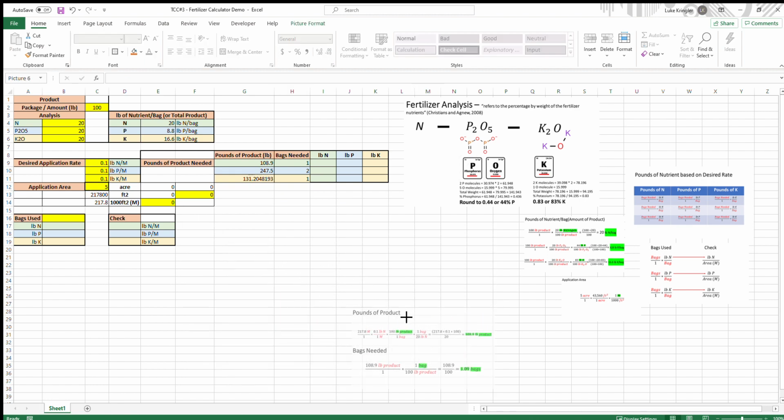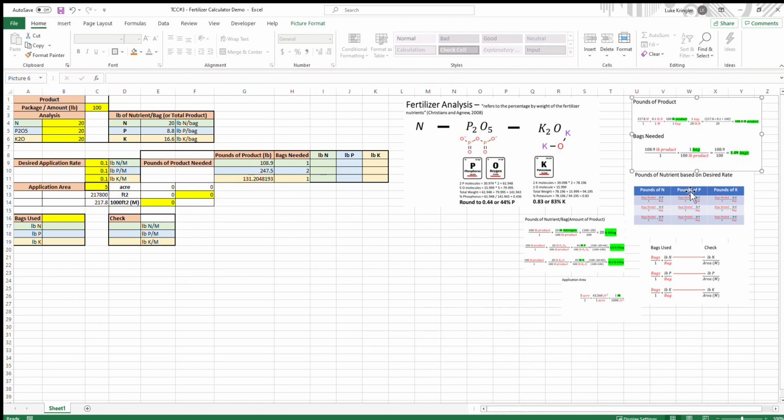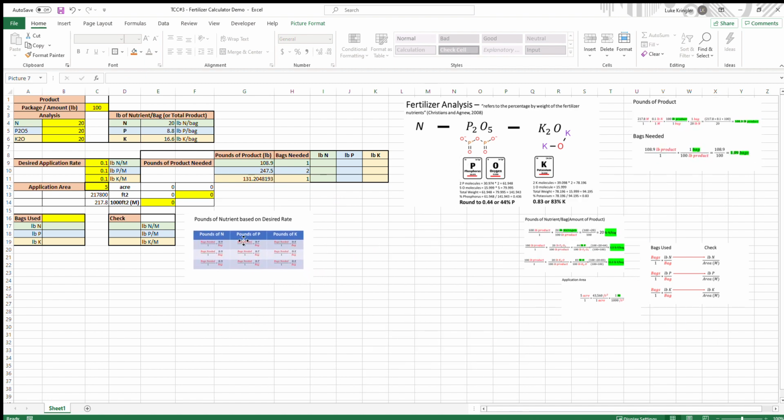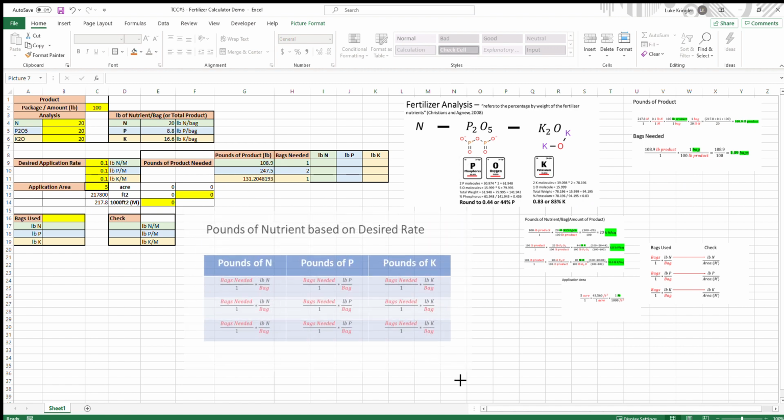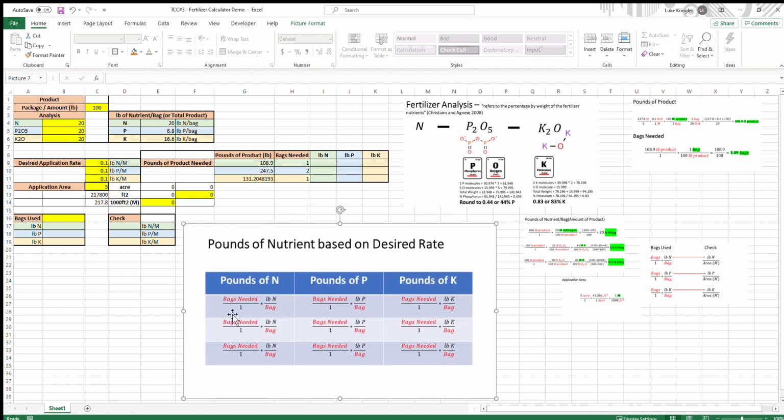Now we'll move on to, in our desired rate, how many pounds of nutrient will be applied. So we're filling in the rest of this table here. So pounds of nitrogen, we're going to have our equal sign, and we're going to take our bags needed, and multiply by the pounds of nitrogen in a bag.